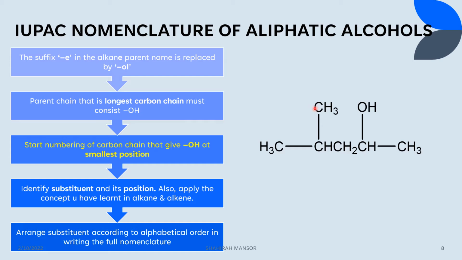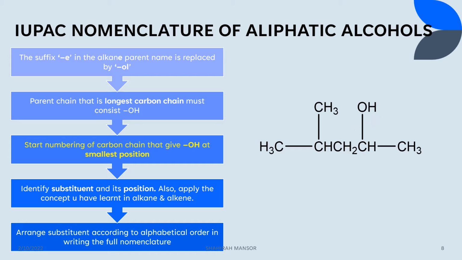Alright, the next step, start numbering of the carbon chain that gives OH the smallest position. So di sini, walaupun kita ada methyl, here kita ada OH. So numbering must start from the end that is closest to the functional group.